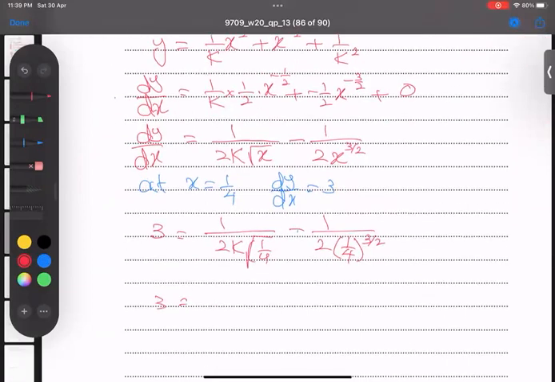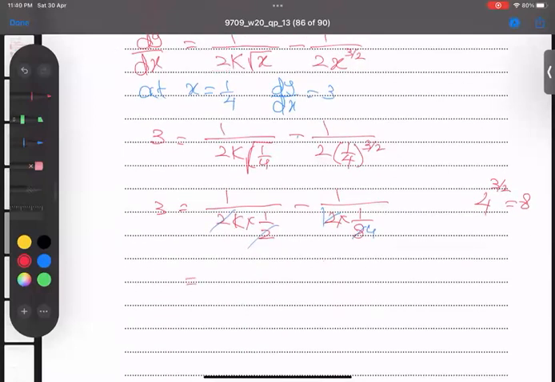The root of 4 becomes 2, and later this 2 and 2 cancel out. Similarly, 4 to the power 3 by 2, if you type it, gives you 8. So 1 by 8, and later 2 ones are 2, 2 fours are 8.